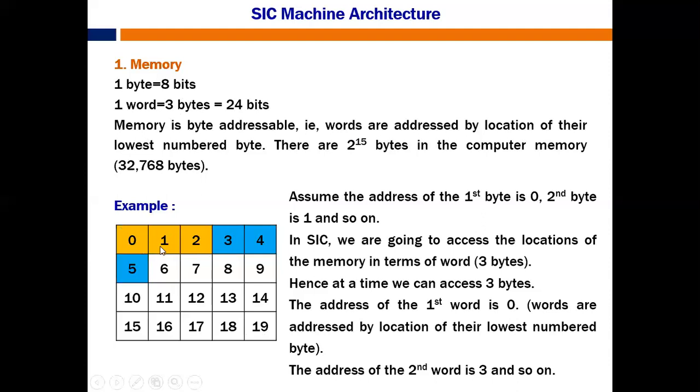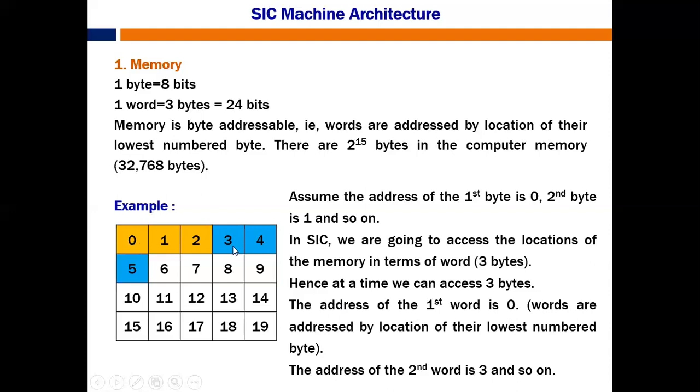In this one word we have 3 bytes, and the byte numbers are 0, 1 and 2. Out of 0, 1, 2, the lowest byte number is 0. So the first word is referred by byte number 0. So the address of the first word, we call it 0.